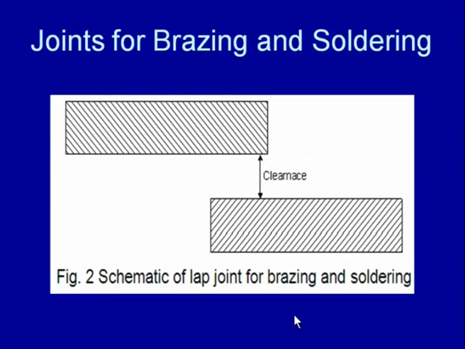So, both too narrow or too wide a clearance is not preferred for brazing and soldering purposes. This gap between the components to be joined indicates the clearance, and it should be maintained very clearly between the components to be joined.